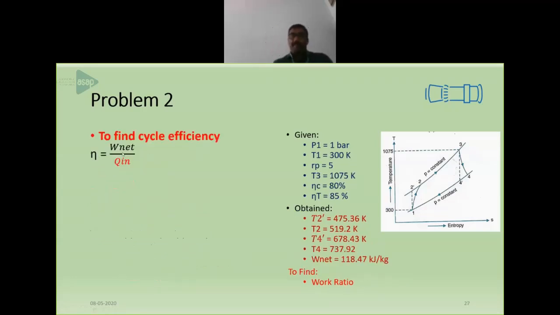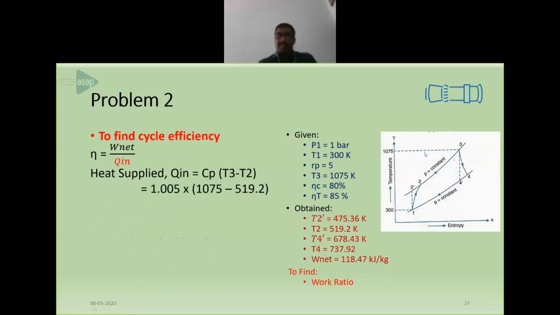Next we have to find out the cycle efficiency. Only some simple equations are there, that is W net by Q in. Heat supplied we know, that is Cp into (T3 minus T2). When it is heat supplied, you cannot take 2 dash because it is an ideal point. You have to take T3 minus T2.